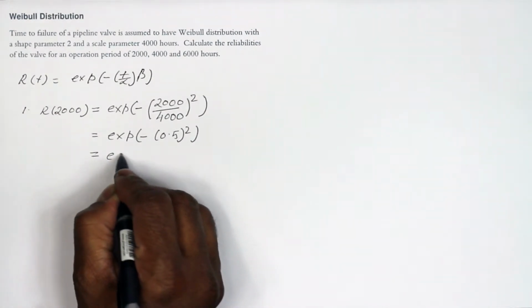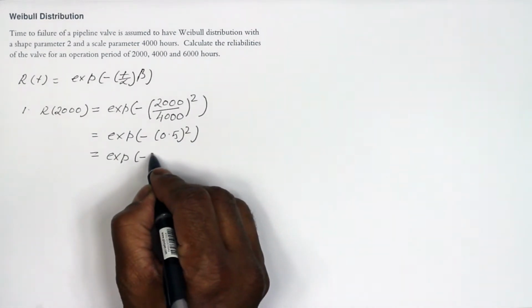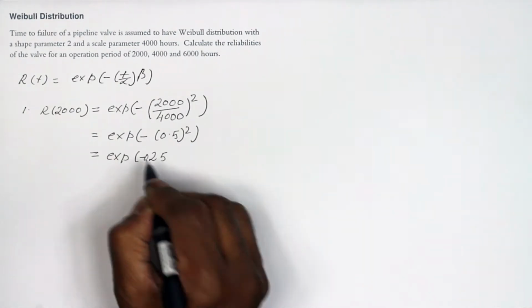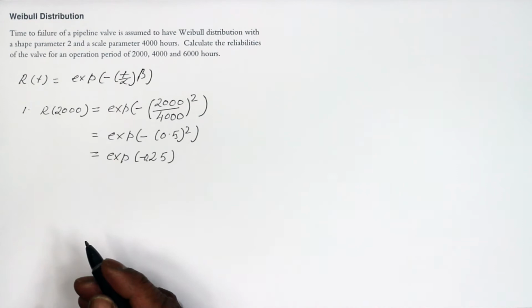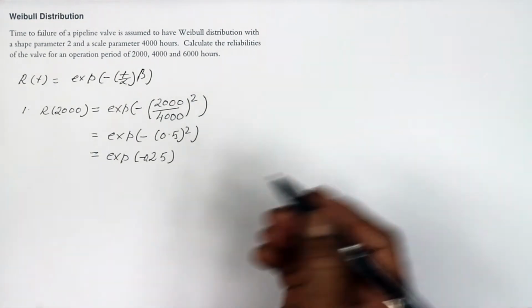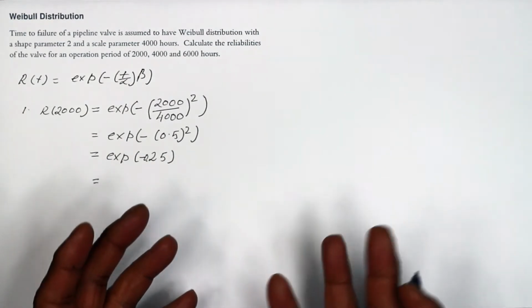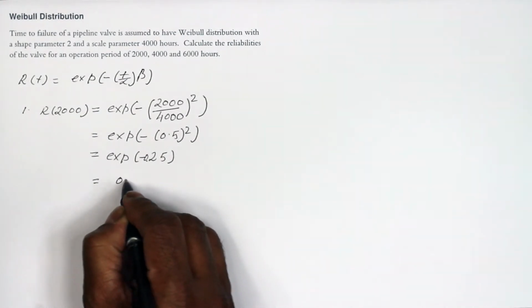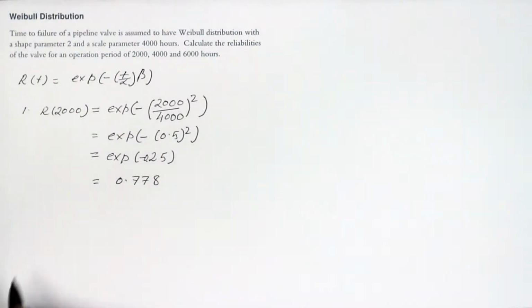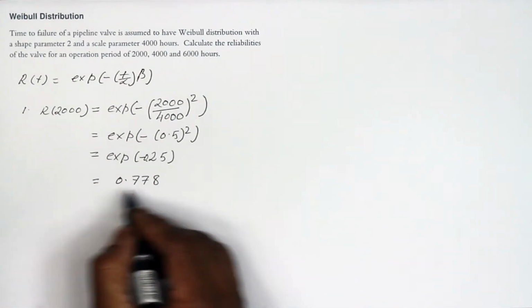This becomes exponent of minus 0.25. We can find this value very easily from any table or from the internet. In good old days we used to look into slide rules and fixed tables, but now I usually use my calculator or the internet, and I get the value of 0.778. So for a period of 2000 hours, reliability will be approximately 78%.